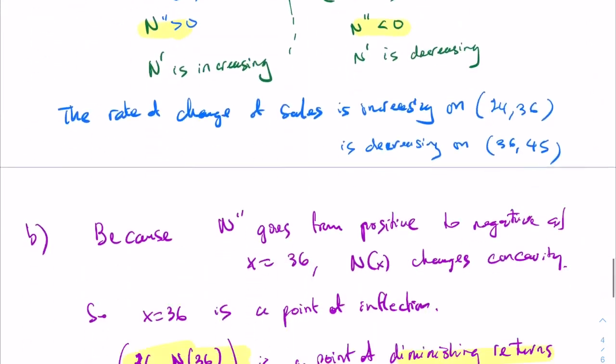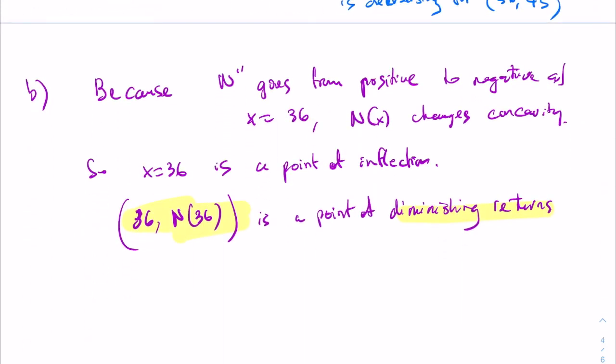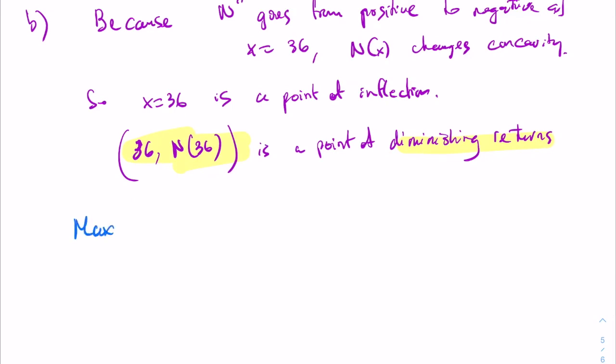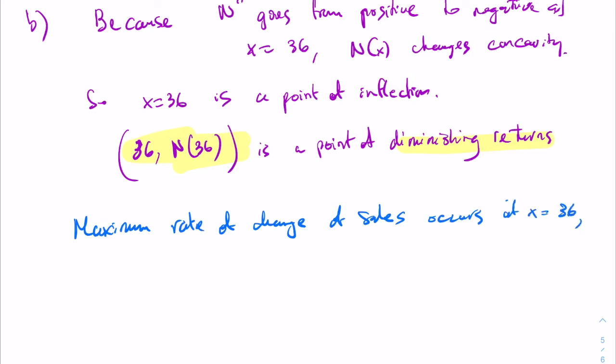So that's not N of 36, but we say the maximum rate of change of sales occurs at x equals 36. And to find that, we're going to do N prime of 36, because the first derivative refers to the rate of change function. So to find the maximum rate of change, we plug 36 into the first derivative.